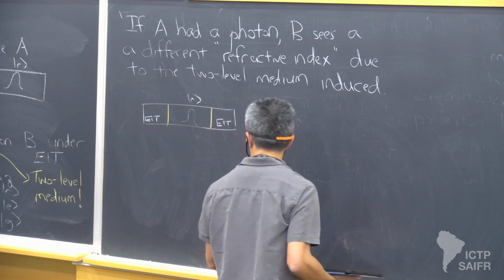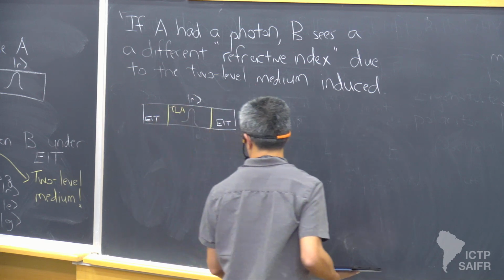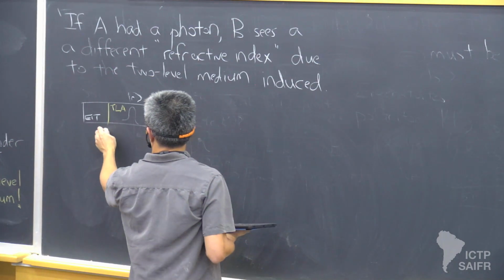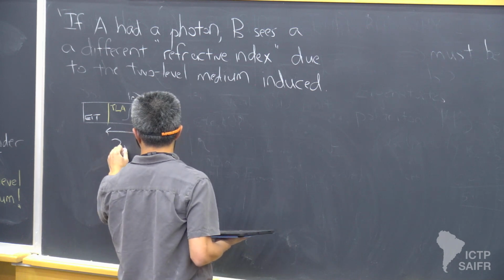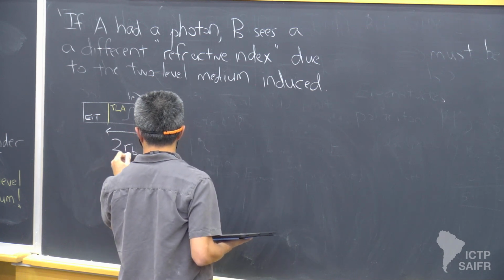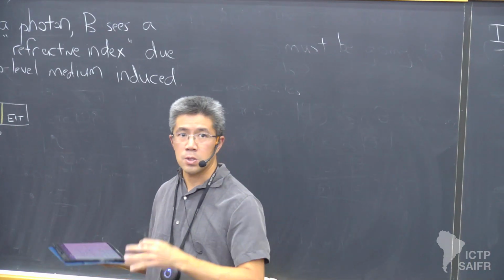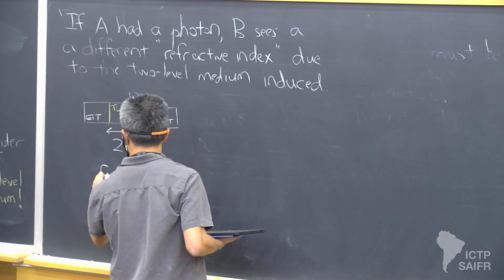Within this spatial region, instead, it looks like I have a medium of two-level atoms. You can define this distance to be 2 times RB, where RB is a so-called blockade radius. It's the size of the region whose refractive index was changed.